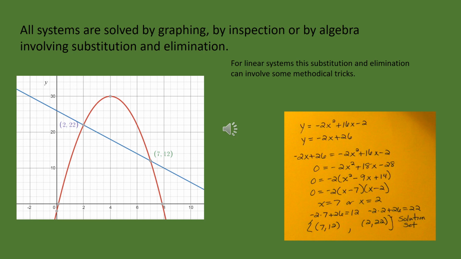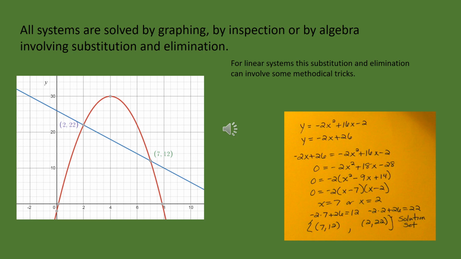And once we get the solutions for x, to get y, plug both of those values into one of the equations. You should get the same y for both. So I'm choosing to plug them into the line because it's a little bit quicker arithmetic. And we get (7, 12) as one of the solution points and (2, 2) as the second solution point.